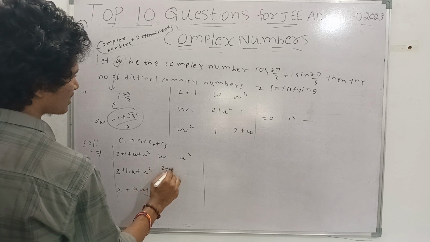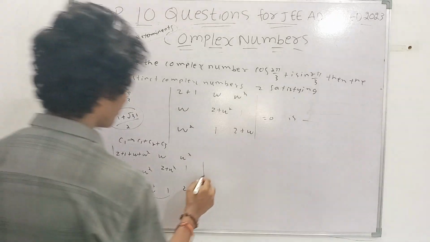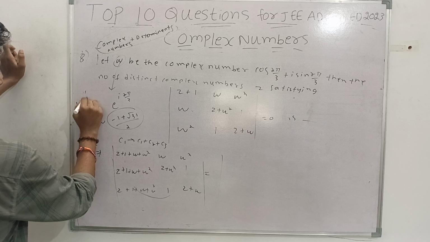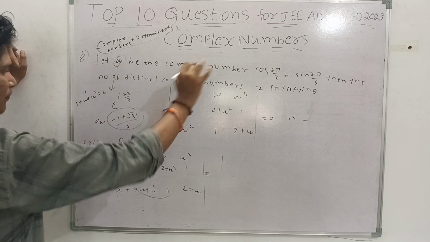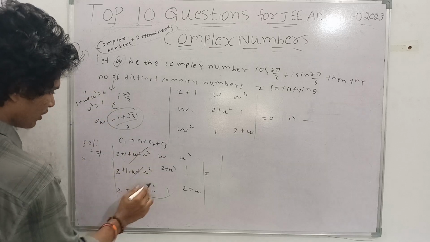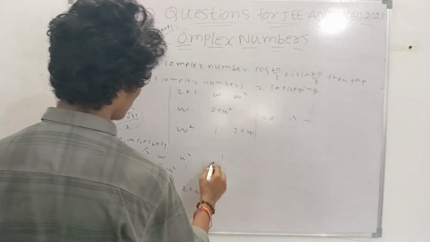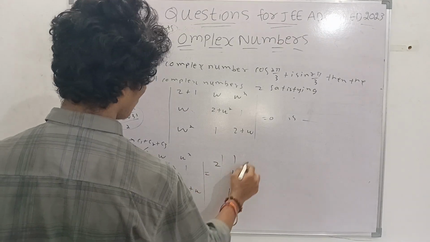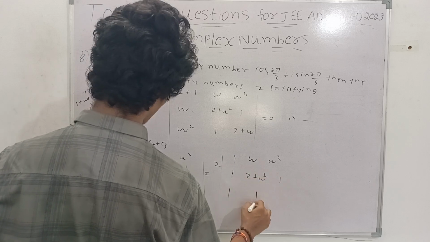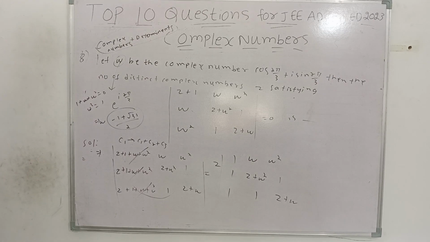If you observe carefully, we already know the relation 1 plus omega plus omega square equal to 0 for the cube roots of unity, and omega cube equal to 1. Here these all things will be 0, and the column is total z. So we can take z common. What we will get: the first column 1, 1, 1, with the remaining columns (omega, omega square), (z plus omega square, 1), (1, z plus omega). And now what can we do?